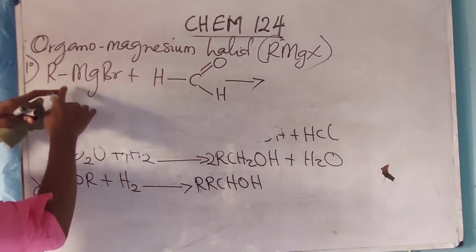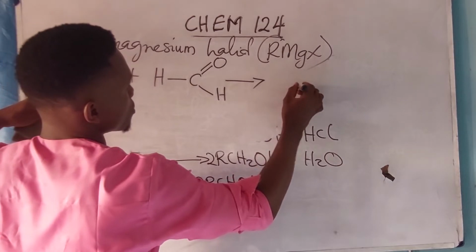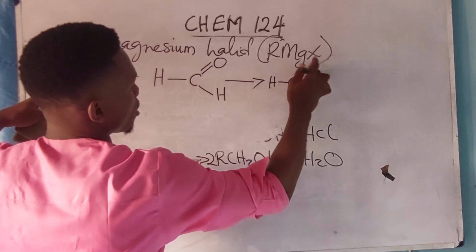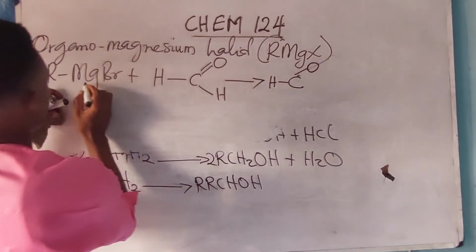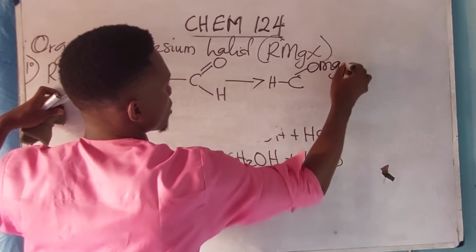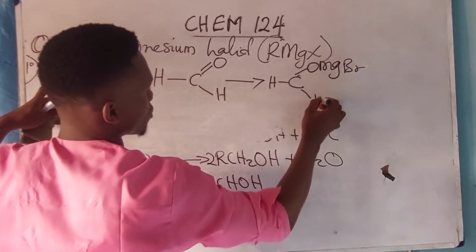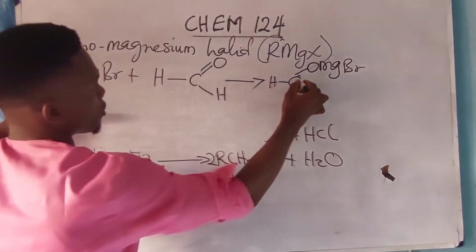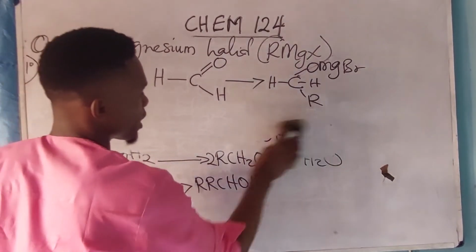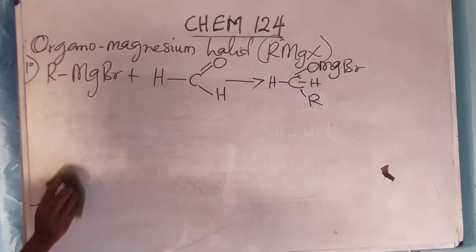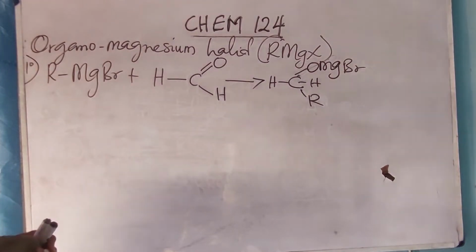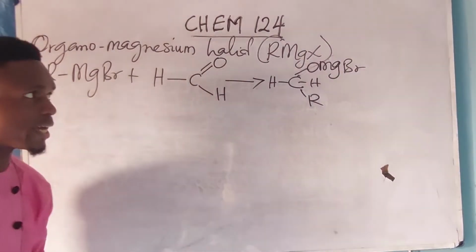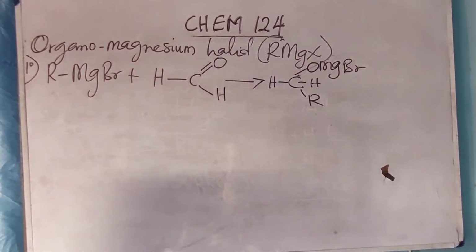I have H. Alright, now this H will come here, becomes H, I have O, combined with this magnesium bromide, then I have H. I have arrow, this arrow will come here, you now have what? Arrow. Now please, when a Grignard reagent reacts with carbonyl compounds, ketones, aldehyde, acid chloride, and acid anhydride, it will produce what?